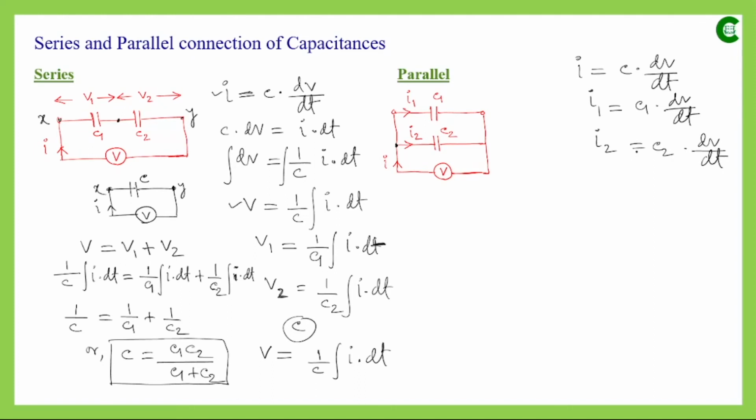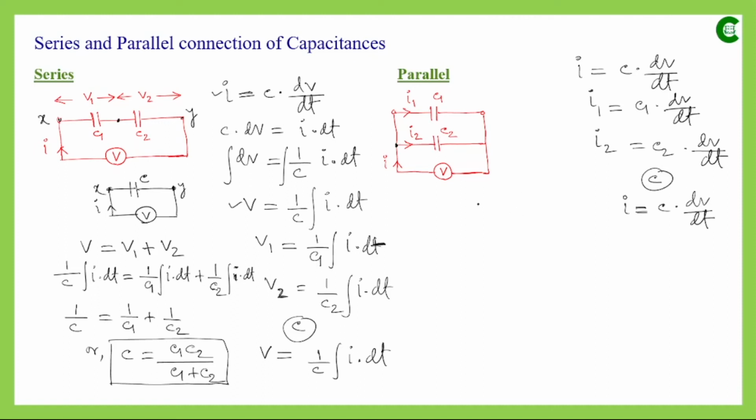And since this time they are connected in parallel, the voltage value will be the same. Now, if we assume that C is the equivalent capacitance of this parallel connection, then for the equivalent circuit, the main current will be used, so it will be I equal to C into dV by dt.